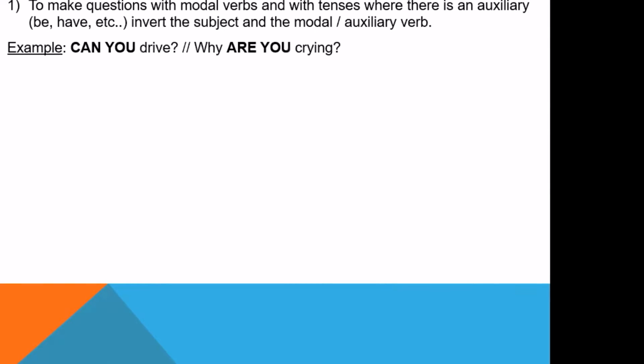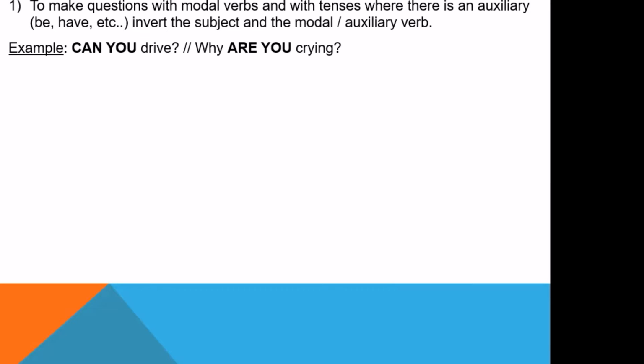Okay, so let's start here with the 3 question formation rules for this first video, being one of the classical things that we learn from the very beginning. That is to make questions with modal verbs, or they are also called special verbs.